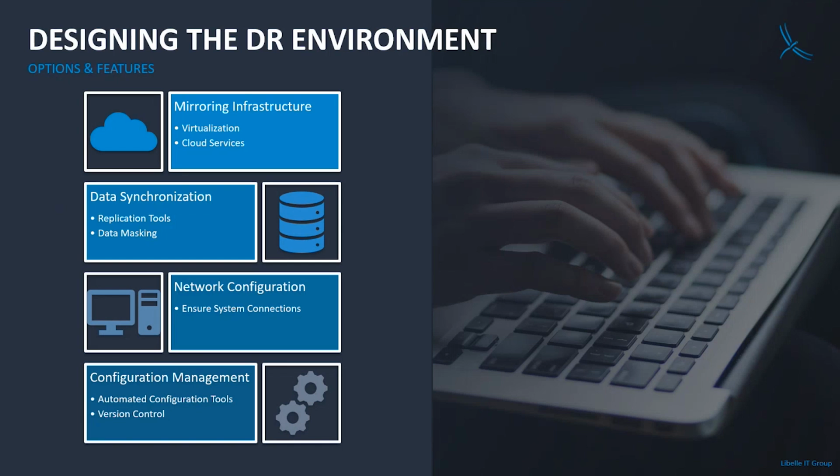There could also be a necessity for data masking on the DR system, to mask certain information so attackers cannot access it. Then we also need to configure the network between the systems. We can also use automated tools for configuring the DR environment, like Puppet, Ansible, or Chef. That gives us the advantage of having reproducible infrastructure.